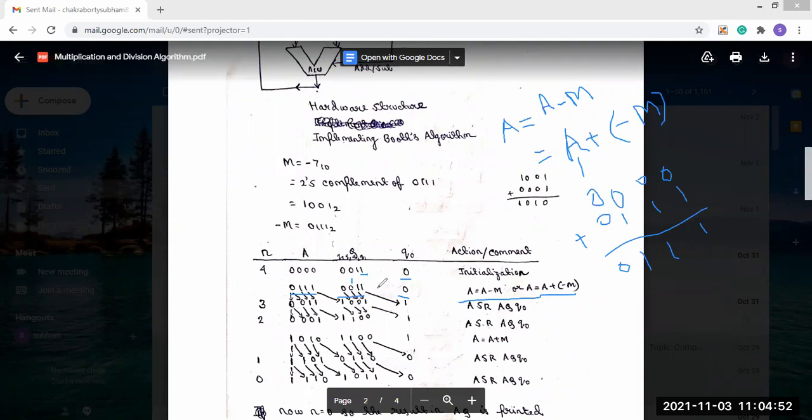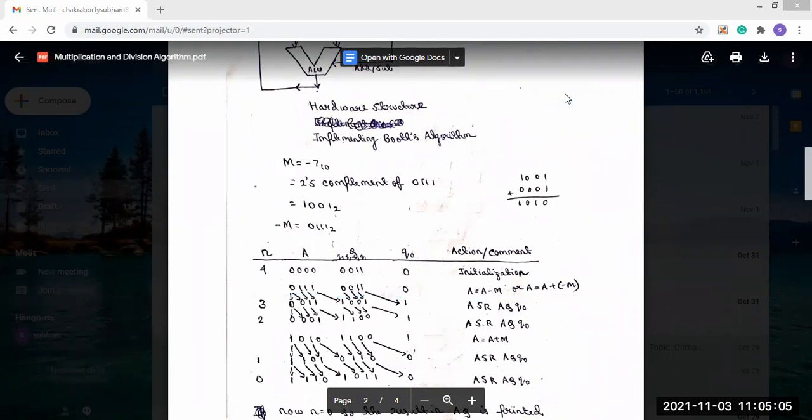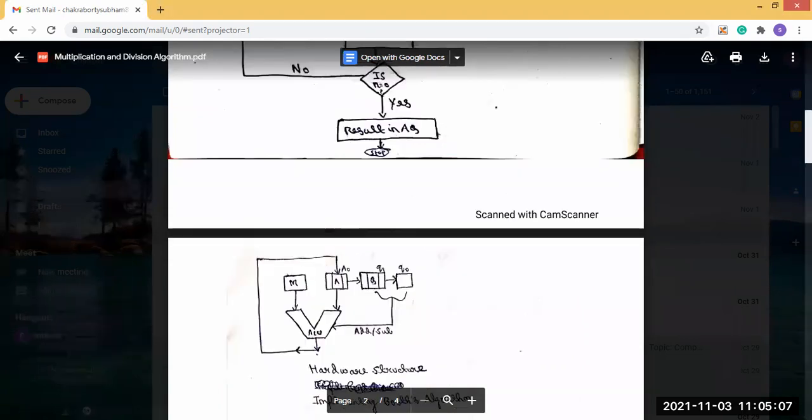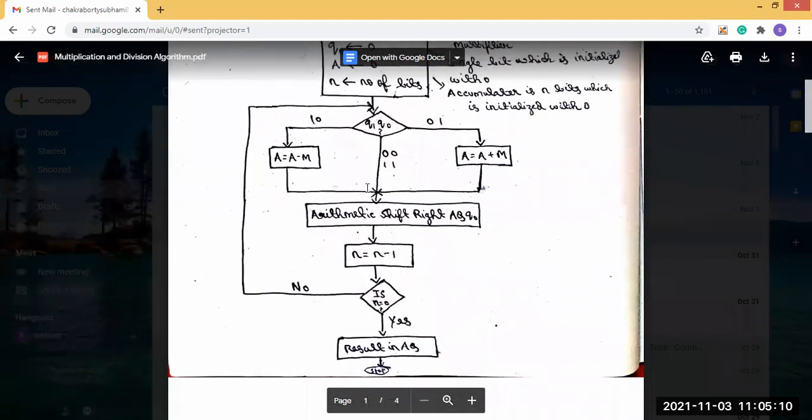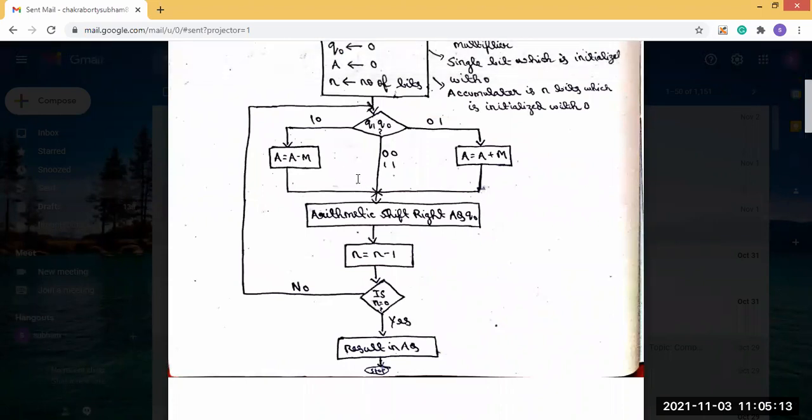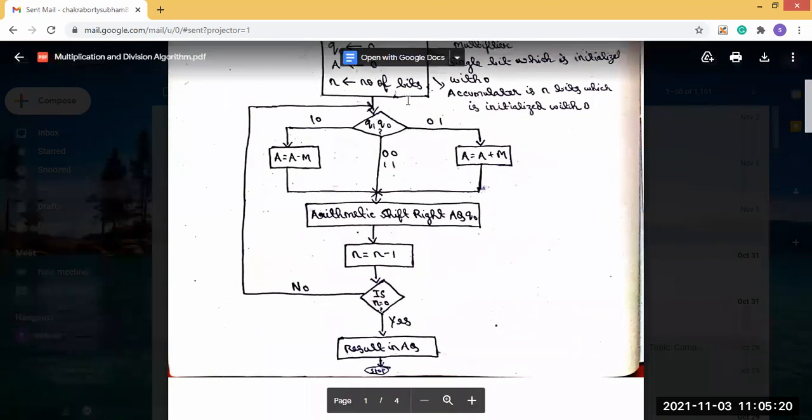So after doing this operation, what are my Q1 and Q0 now? If we see the flowchart, what do we have to do? After performing 1, 0 and A equals A minus m, we go to the arithmetic shift right operation. This arithmetic shift right operation is on A, Q, and Q0, so between them the arithmetic shift will be done.